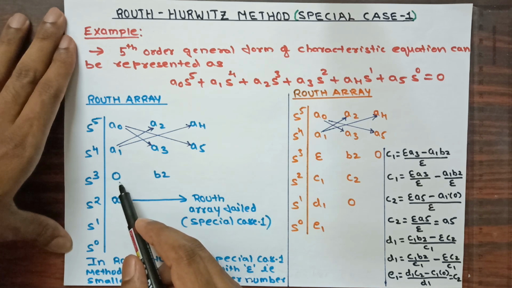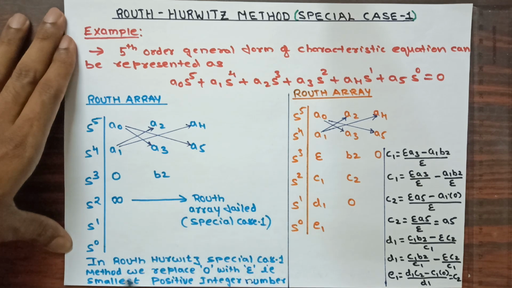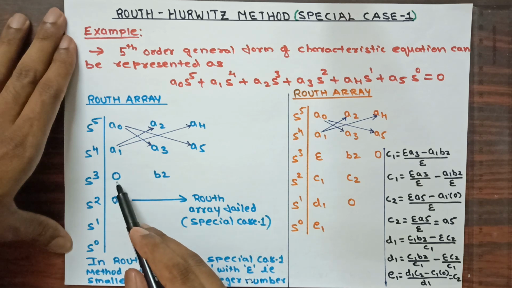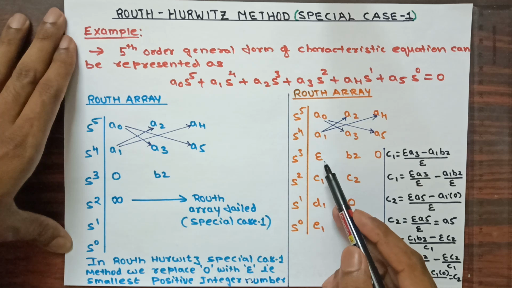Epsilon is the smallest positive number. You can see here in Routh-Hurwitz special case 1 method, we replace 0 with epsilon, that is the smallest positive number. So if I am replacing this 0 with epsilon, I am going to get the array in this form.